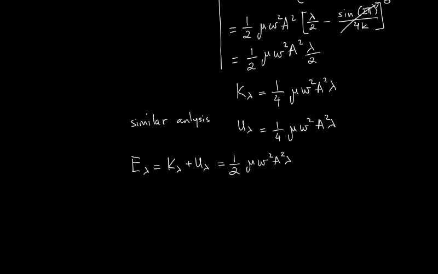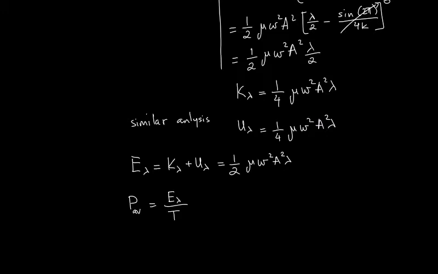As the wave moves along the string, this amount of energy passes by a given point on the string during a time interval of one period of oscillation. Therefore, the power associated with the mechanical wave, the average power, equals the total mechanical energy over the period of time.